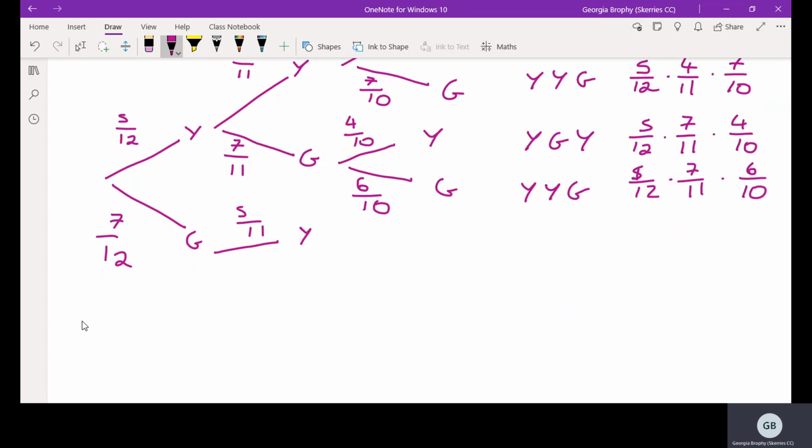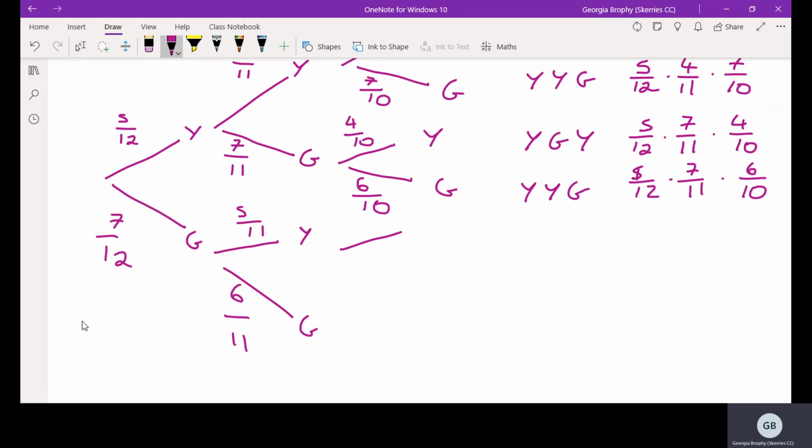5 yellows left. Or else we could choose a green. Now there'd be 1 green missing, so it would be 6 over 11. Let's go into yellow.